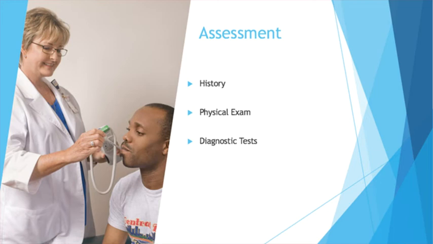The second part is the physical exam. So looking at the appearance of the person in general, their skin, their hair, their nails, their reflexes, their musculoskeletal system, basically all of the body systems, along with height, weight, and then the lifespan considerations. So if it's a child, how are they on the growth chart?